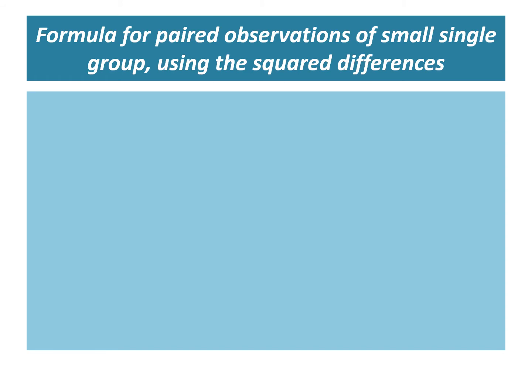Now see, here is the formula for paired observation of a small single group, and I have used the squared difference formula. So what is it?